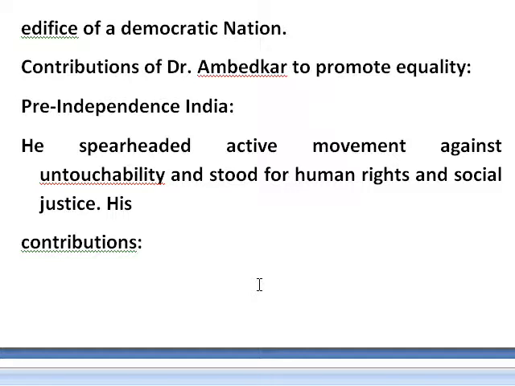Dr. Ambedkar's contribution to promoting equality in pre-independence India was spearheaded by active involvement against untouchability, and he stood for human rights and social justice.